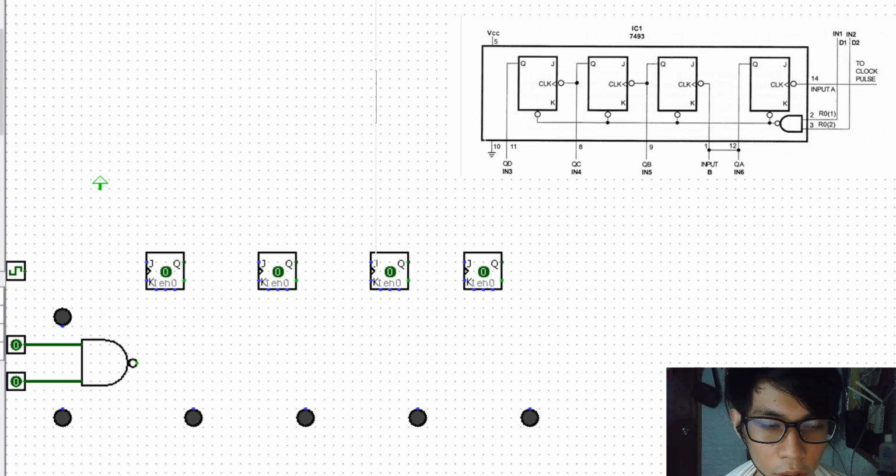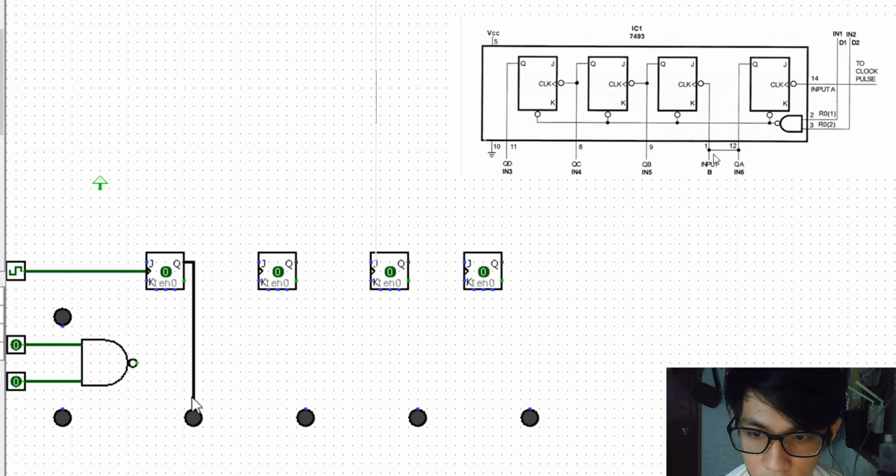So let's try to simulate our experiment. First, let's connect the clock pulse to the clock input. Next, let's connect the Q output to the LED, followed by connecting the Q output to the clock pulse of the next JK flip-flop.